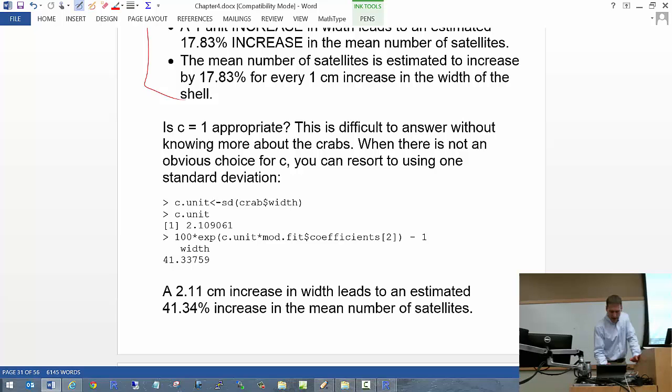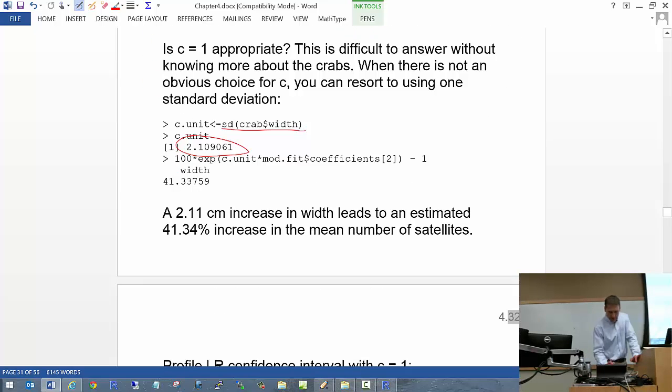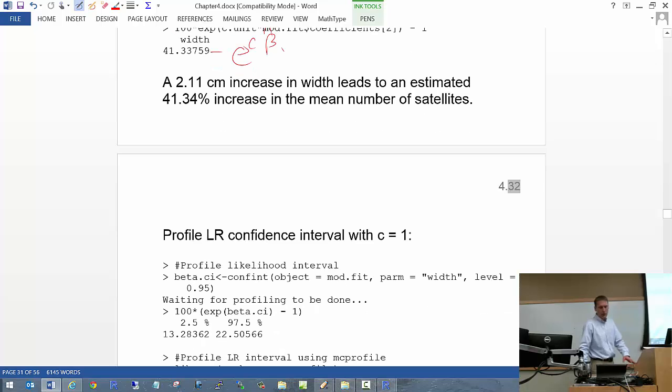So if I were to do that, my standard deviation for width was 2.1. So that leads then to an e raised to the c times beta hat 1 of 41.3. And so a 2.11 centimeter increase in width leads to an estimated 41% increase in the mean number of satellites.